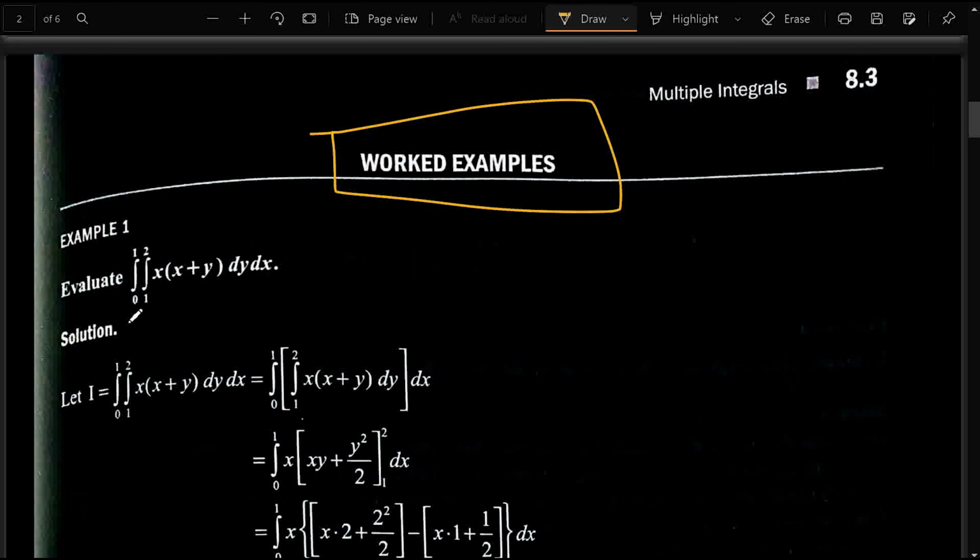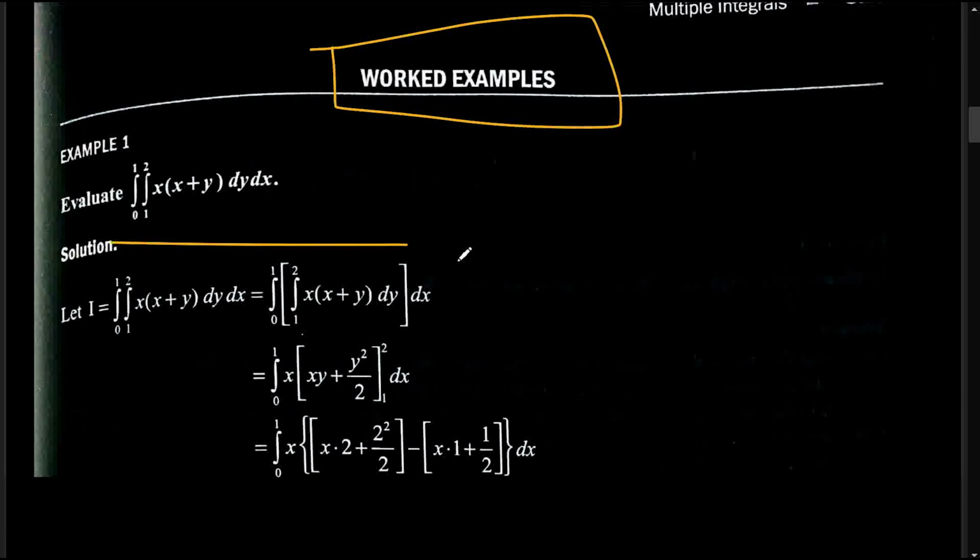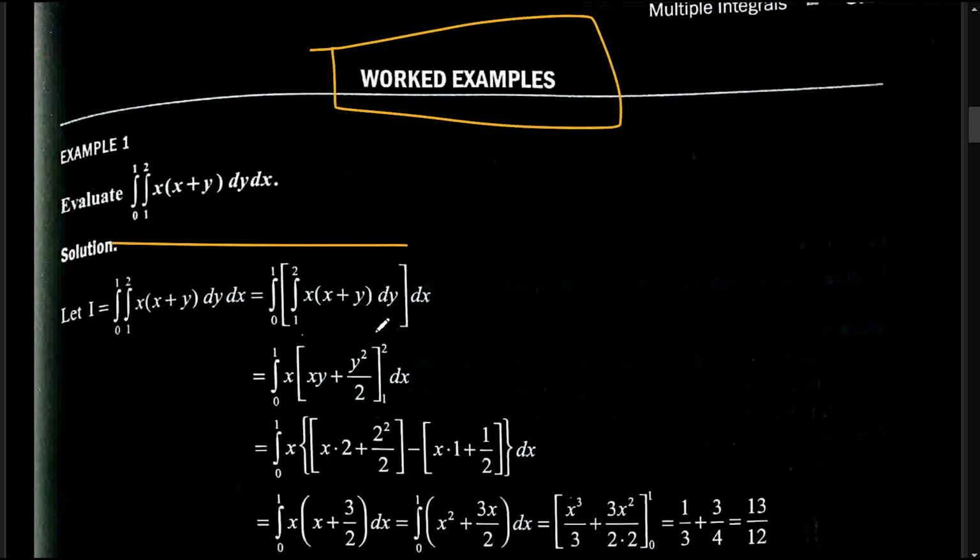So this is the first example which we have: the double integral, 0 to 1 and x to 2x, of x plus y dy dx. Both limits are constant here, so there is no need to check for any variable limits. First we have to integrate the inside integral with respect to y.